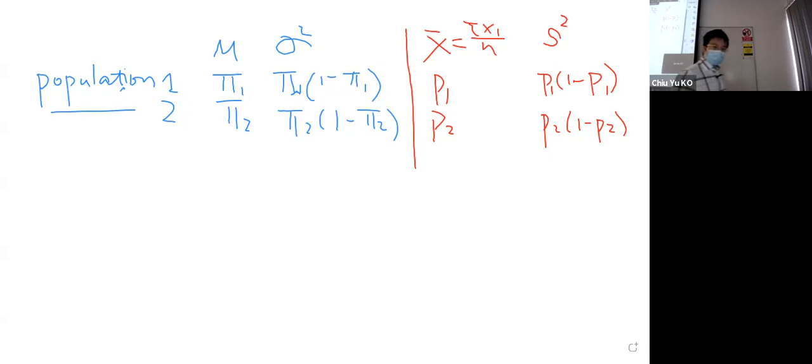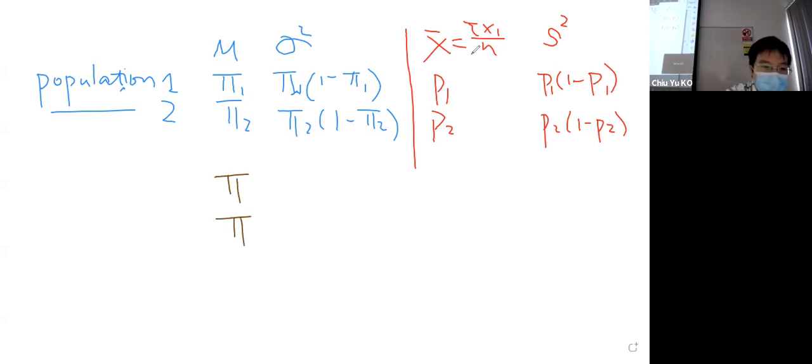Now, another question, besides this estimate, is that we want to know if we can say pi 1 and pi 2 are the same. So now the question is, under the null hypothesis, you're actually saying they're the same thing.